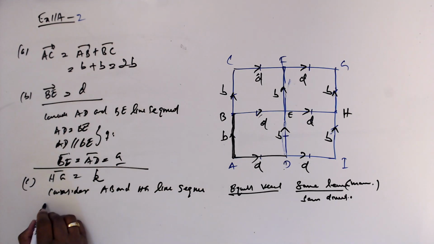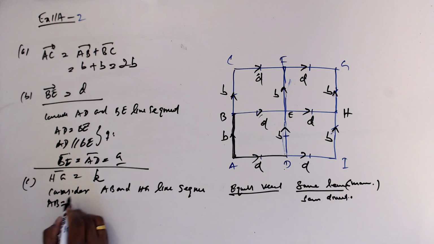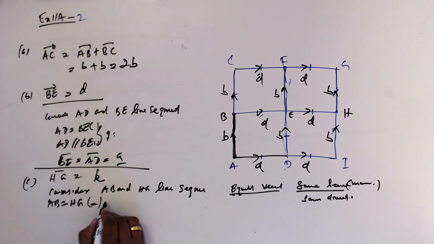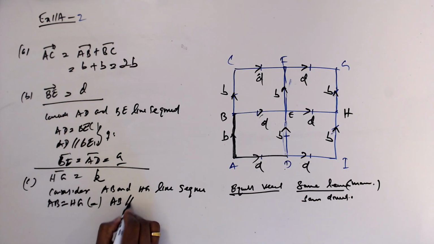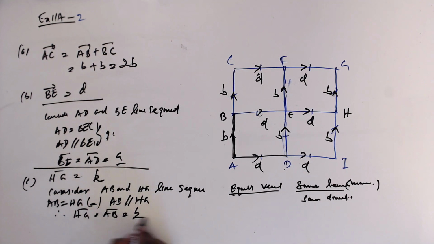Then you are writing AB equal to HG, and AB parallel to HG. Hence HG equal AB equal B.